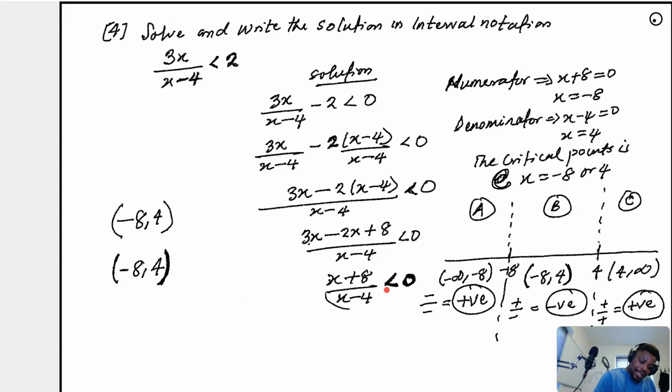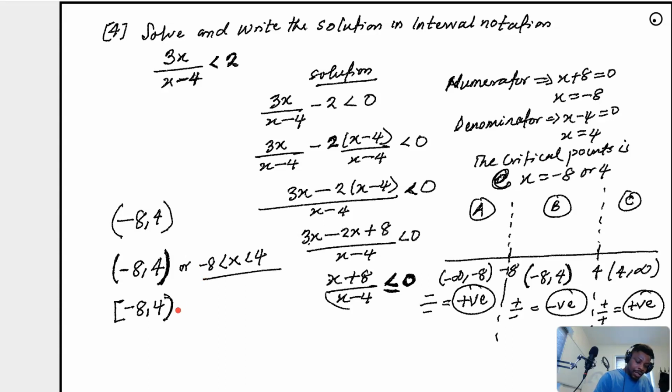But in a case where this is with an equal sign, minus 8 plus 8, that is 0. 0 is equal to 0. That means minus 8 will be part of the solution. In that case, you can write it like this. In terms of inequality interval, this will be minus 8 less than x less than 4.